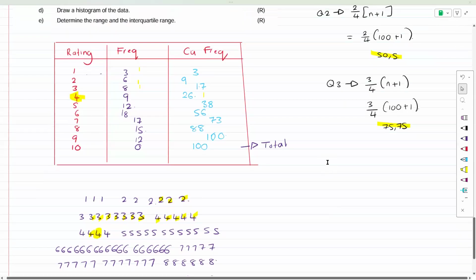Just to confirm again, the rating is the score. The frequency is how frequent that score comes. Like a rating 1 has a frequency of 3. That means there are 3 ones, and it continues. The cumulative frequency is just us taking the frequency and adding it to the previous term and continuing until we get to the end.